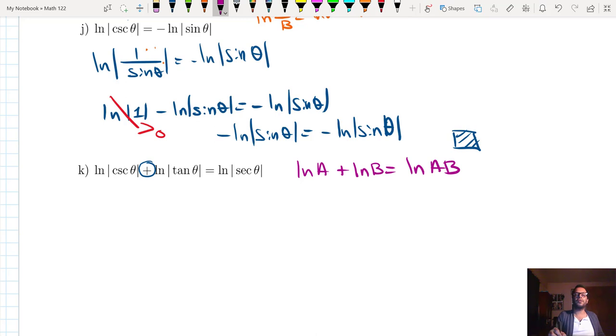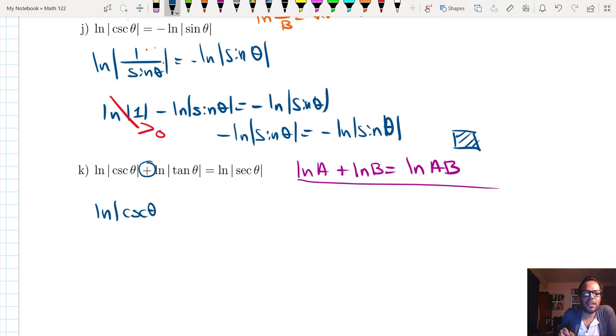Now we are going to turn this ln of the absolute value of cosecant theta plus ln of the absolute value of tangent theta into ln of cosecant theta times tangent theta, which equals ln of the absolute value of secant theta.